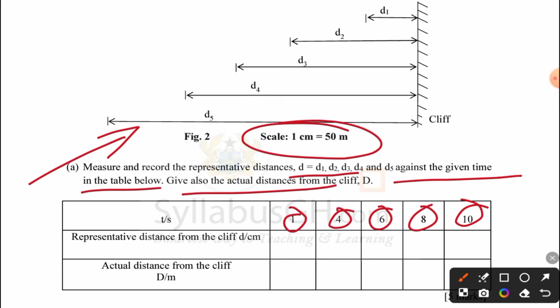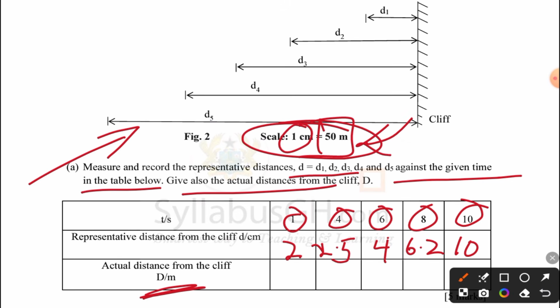Let's just assume that D1 is 2, D2 is 2.5, D3 is, let's say, 4, D4 is 6.2, and then D5 will be 10. These are just assumptions. Now, in order to get my actual distance, I have to multiply by 50 meters because the rule you will use for a question like this, you're supposed to use a centimeter. So whatever you get, multiply by the 50 meters.